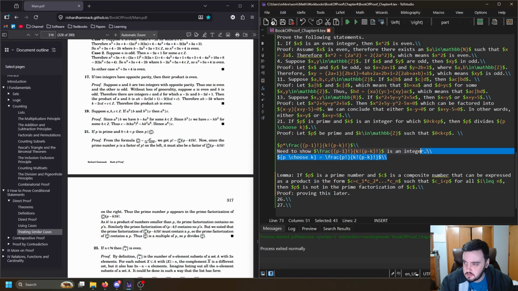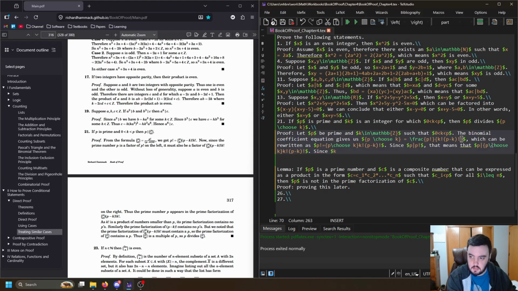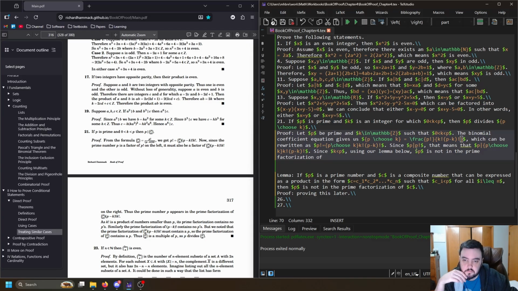I'm going to write this out. Since k is less than p, using our lemma below, p is not in the... how did he... okay. Let's just write it out like that then.